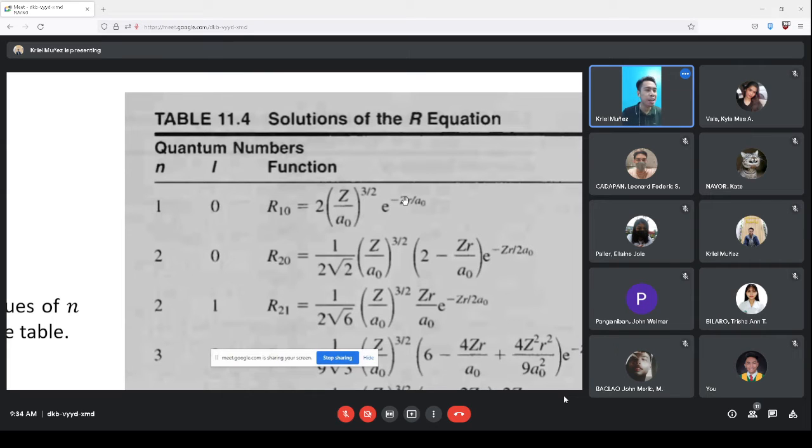Okay? So yung r natin, class, as you can see, this is part of the exponent of the natural number E. So E raised to negative ZR. Habang lumalaki yung value for r, lalaki yung value ng ZR over the Bohr radius.